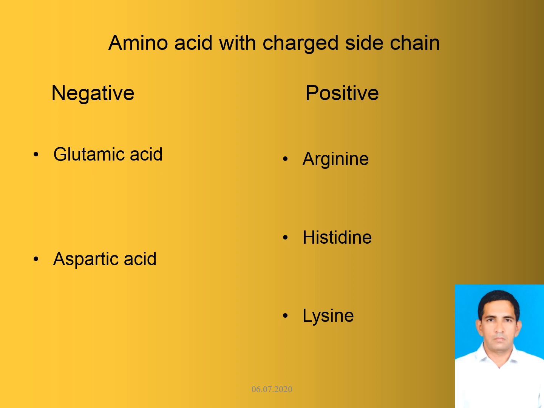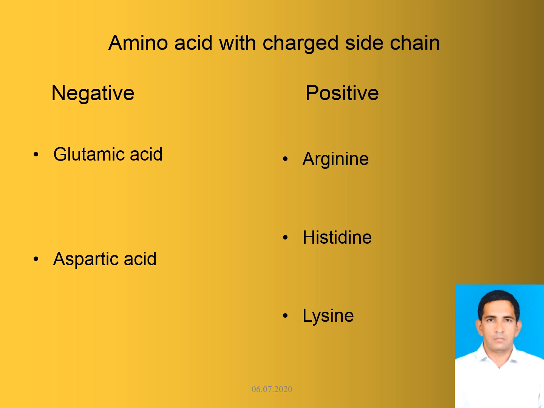Two are negatively charged, aspartic acid and glutamic acid, and 3 are positively charged: lysine, arginine and histidine. The amino acids with carboxylic acid side chains are negatively charged because the carboxylic acid has a pKa around 4.